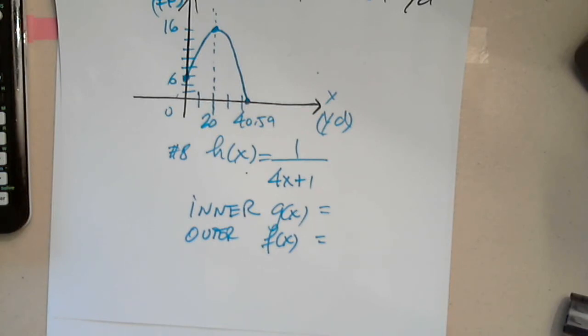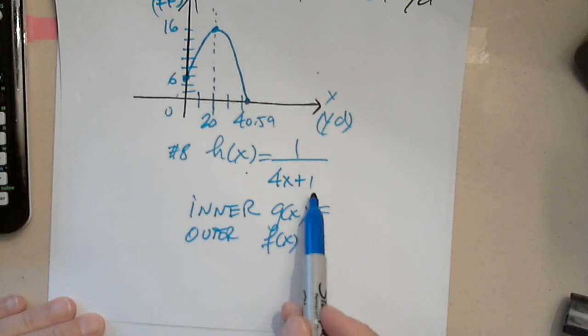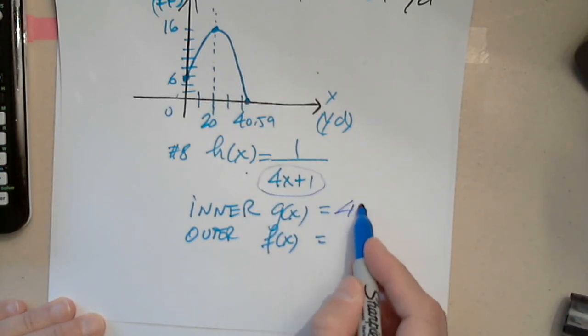So can anyone give us an idea for the inner and the outer? What could an inner function be? So what would be the inner? 4x plus 1.